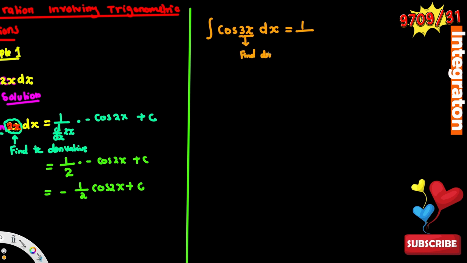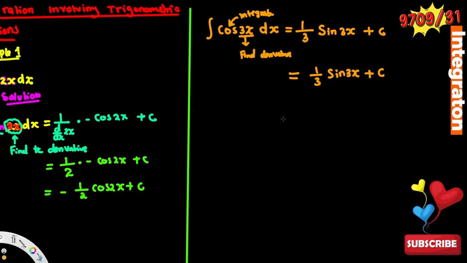The derivative will be 3. And now find the integral of cos. Integrate cos itself without looking into what's in the bracket. So cos is going to be sine. That's going to be sine 3x plus c. So our final answer becomes 1 over 3 sine 3x plus c.